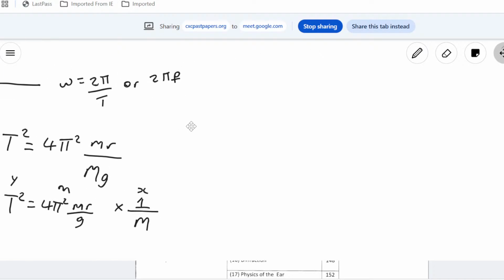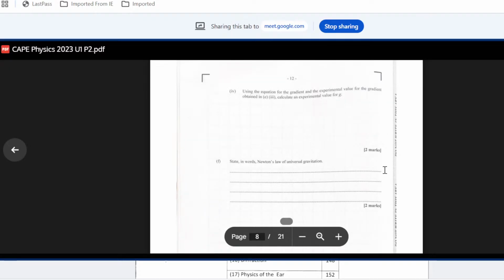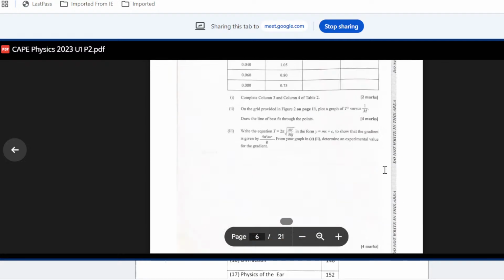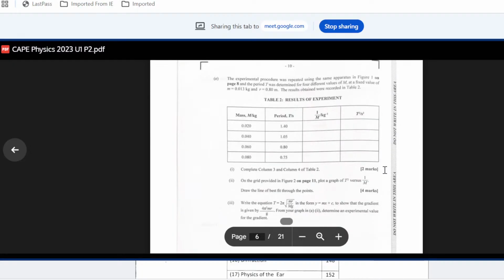So what was m and r? They're given, I'm almost certain. Little m was 0.013. Little r was 0.8.